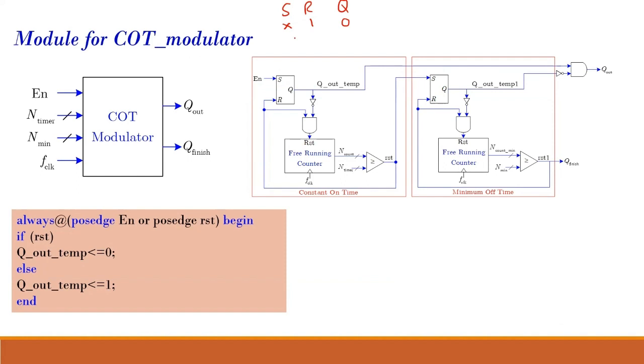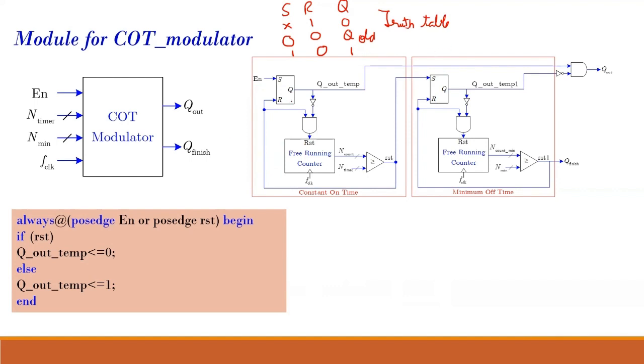If reset is 0 and S is also 0, then it will hold the previous value of Q. But if set is 1 and reset is 0, then Q will take the value of 1. So this is the truth table of my SR latch.